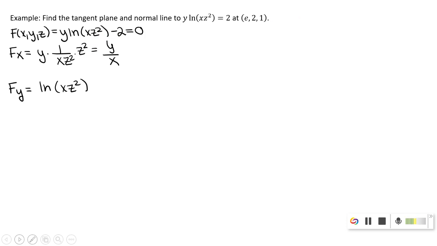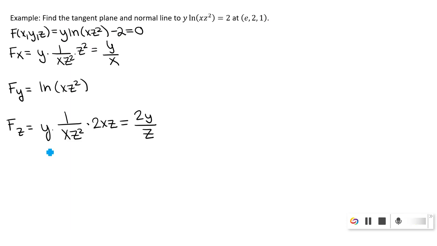Okay, derivative with respect to y. There's only one place where there's a y, and that y is a linear term being multiplied by the ln of xz squared. And so the derivative of that is just ln of xz squared. And then my derivative with respect to z, looking at that first term, the y stays there.